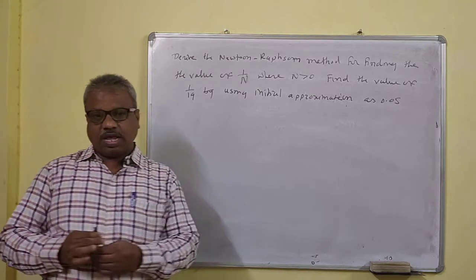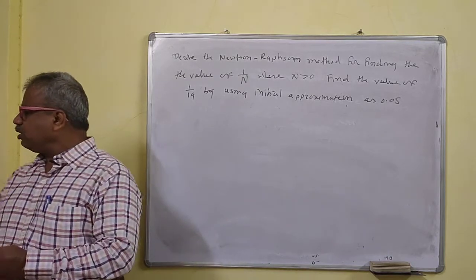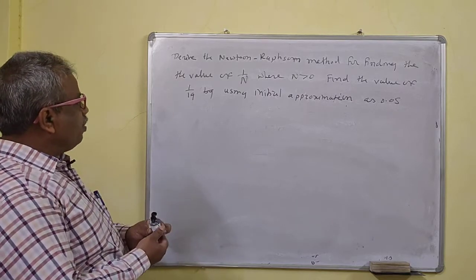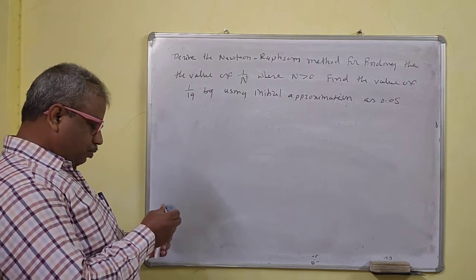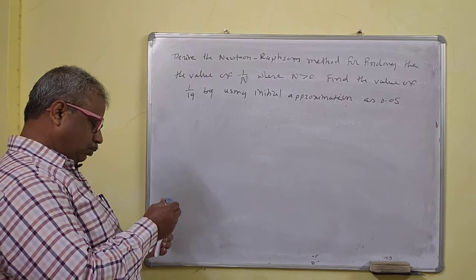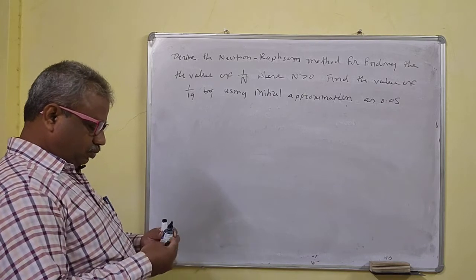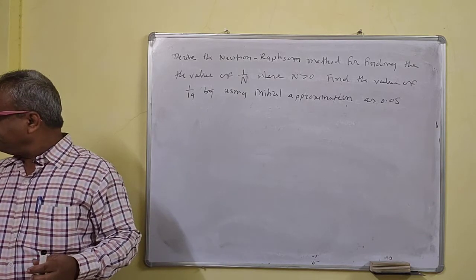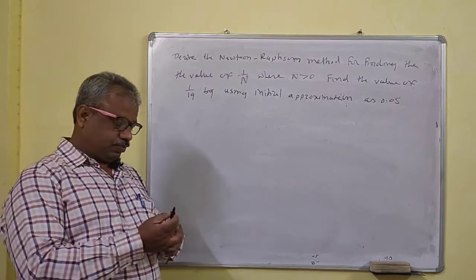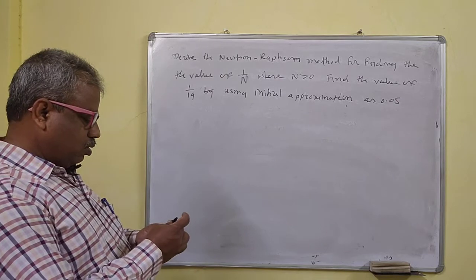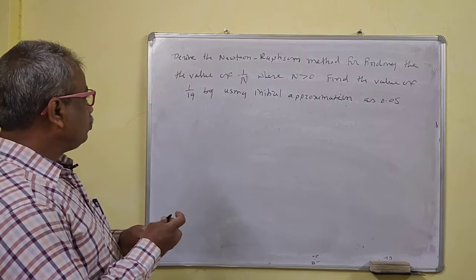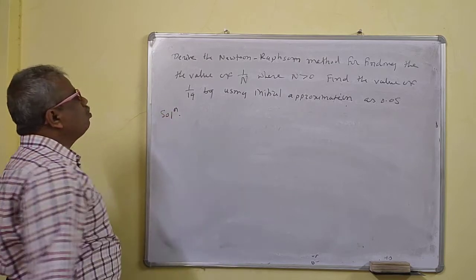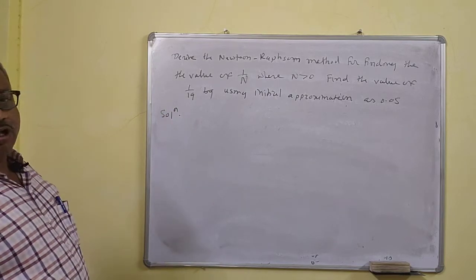So here your f of x is 1 by n. Solution: you have to find the value of 1 upon n.